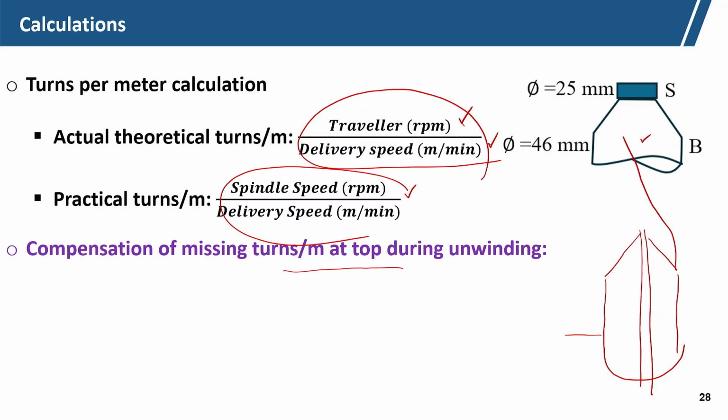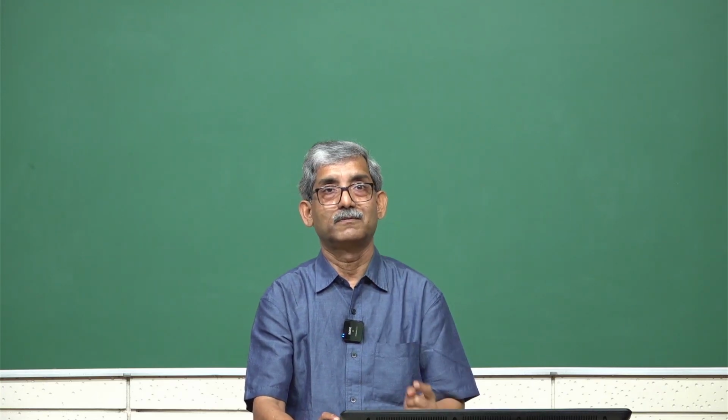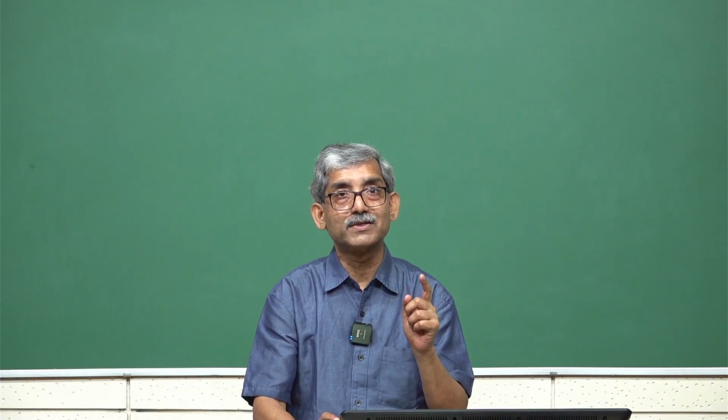Now, what happens while unwinding one coil, sorry, not layer, one coil? Unwinding will add one twist to the twist already there in the ring cup. So, every coil unwinding will add one twist.